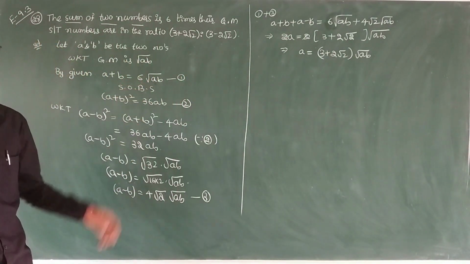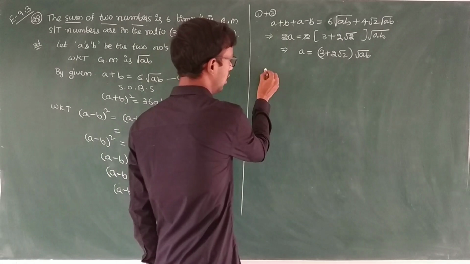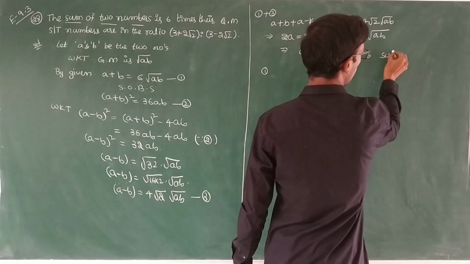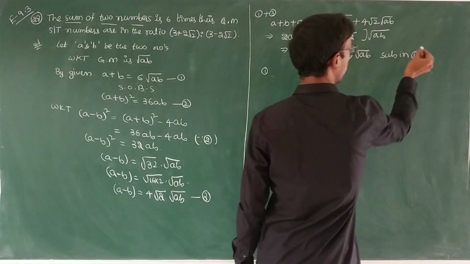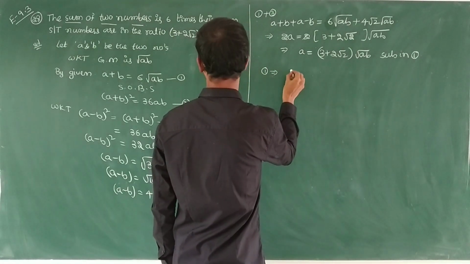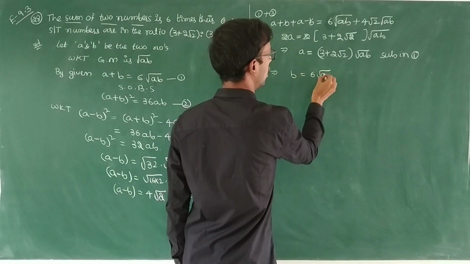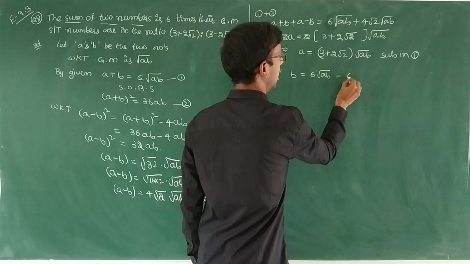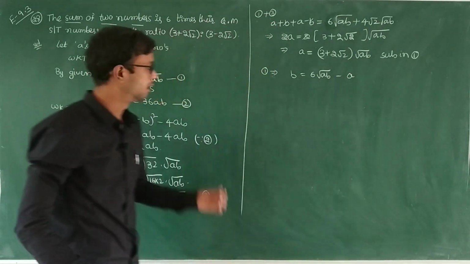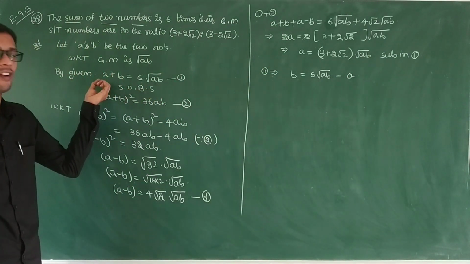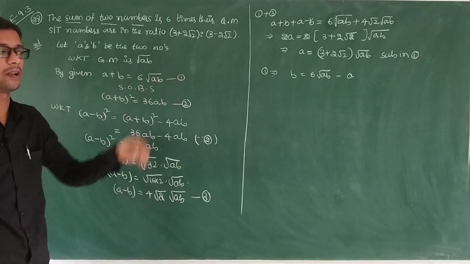Substitute that a value in equation 1. That implies b is equal to 6 root ab minus a. We just need the b value, so a goes to the right side and becomes negative a.